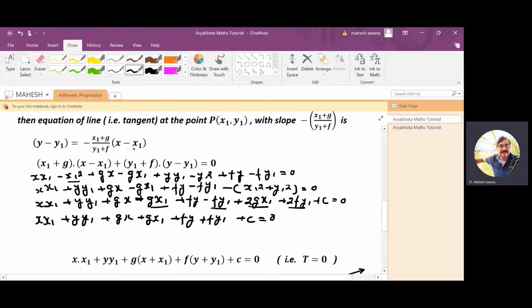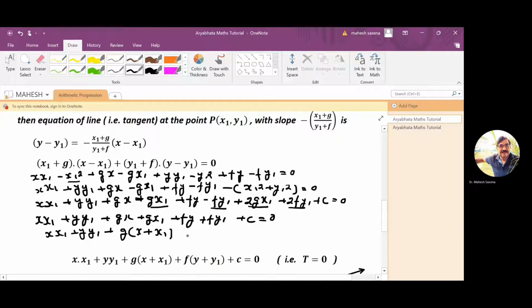Therefore, this can be written as xx1 plus yy1 plus g(x plus x1) plus f(y plus y1) plus c is equal to 0.